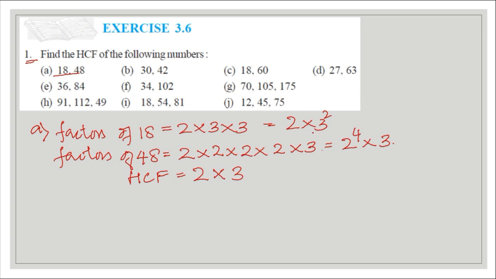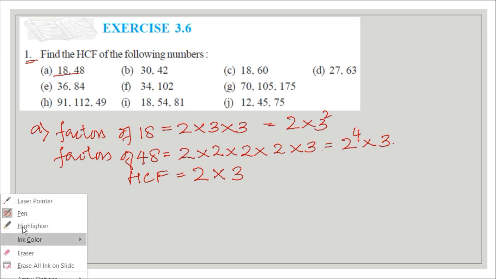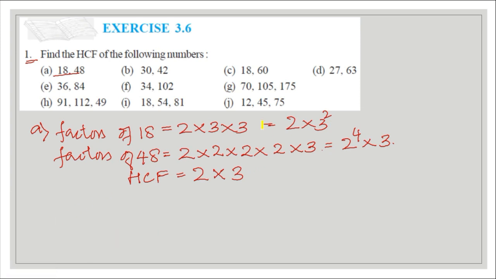The lowest power of 2 is 1 here and the lowest power of 3 is 1 here. If nothing is there, we will consider it as 1. So 2 raised to 1, 3 raised to 1, which is 6. This will be the highest common factor.